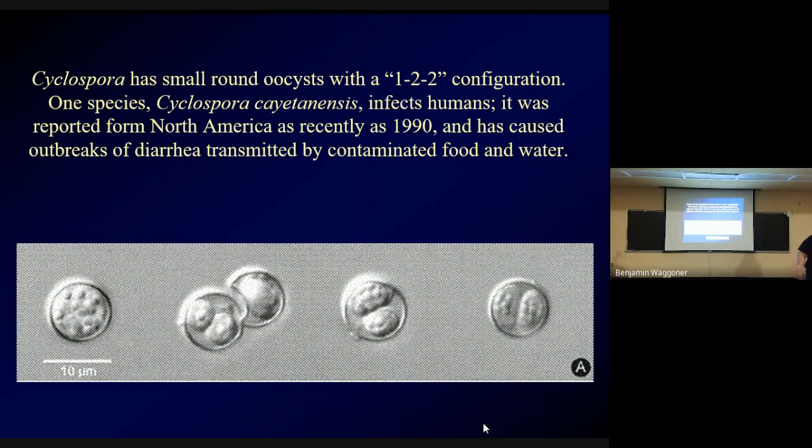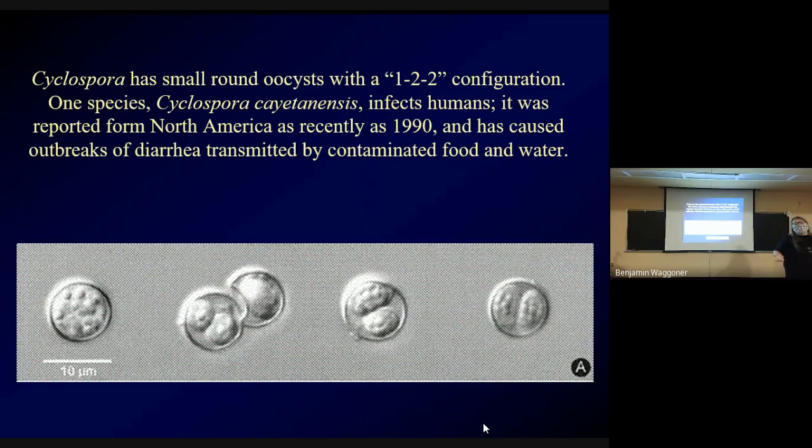Cyclospora has small oocysts with a 1-2-2 configuration. Each oocyst contains 2 sporocysts, and each sporocyst contains 2 sporozoites.